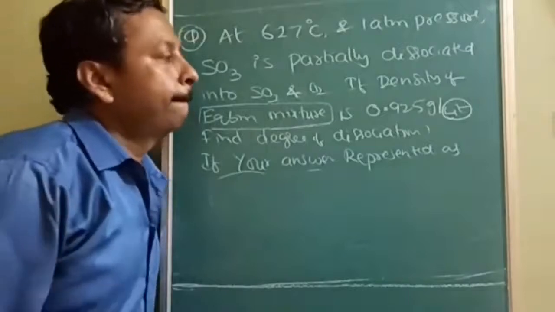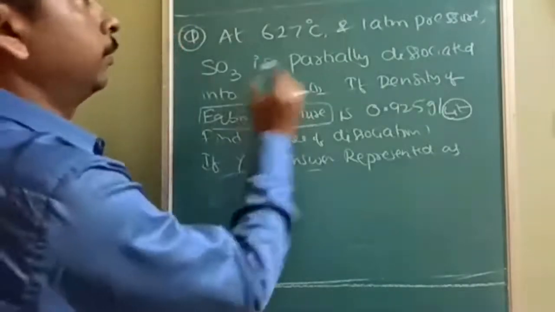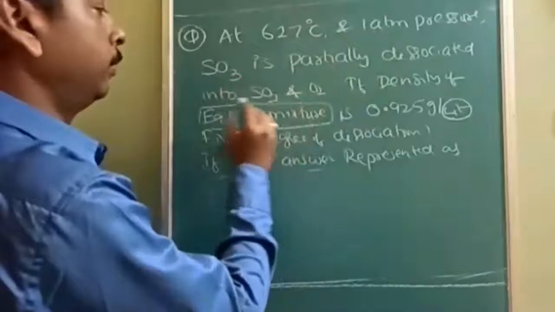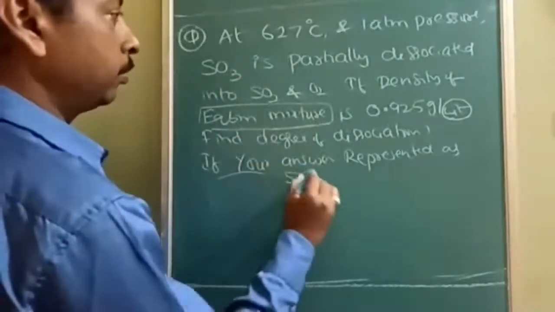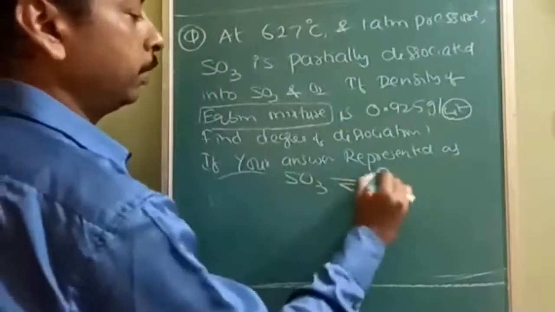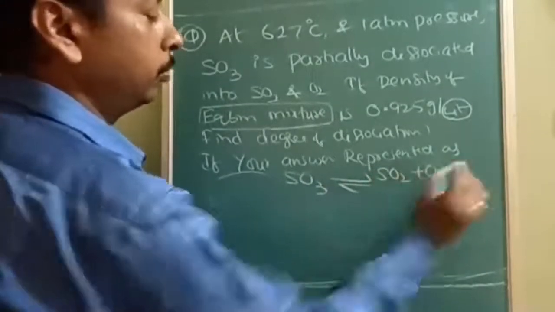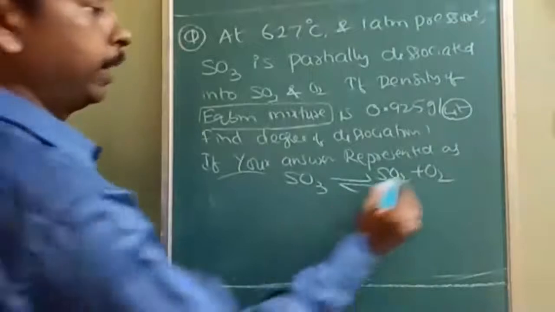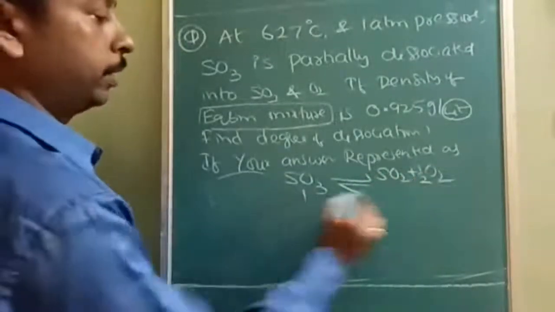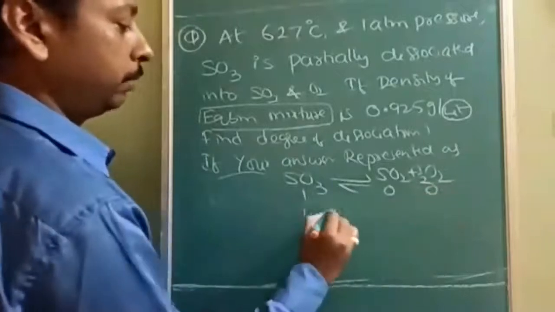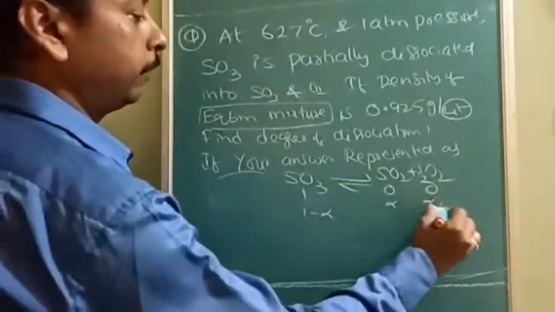Now, 1 atm is given. The reaction I am writing: SO3 reversible SO2 plus O2. For balancing, you can make it half O2. Initially 1, 0, 0; at equilibrium 1 minus alpha, alpha and alpha by 2.